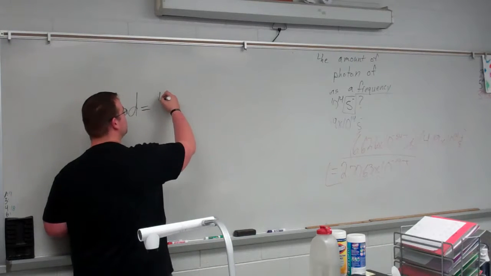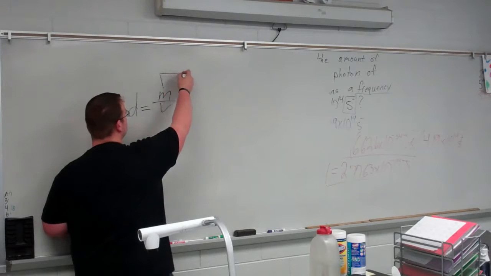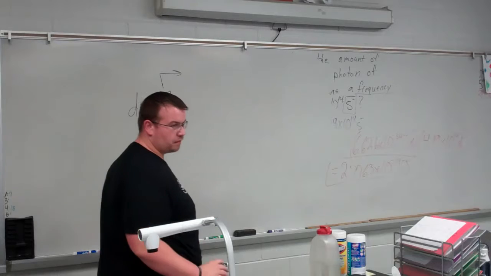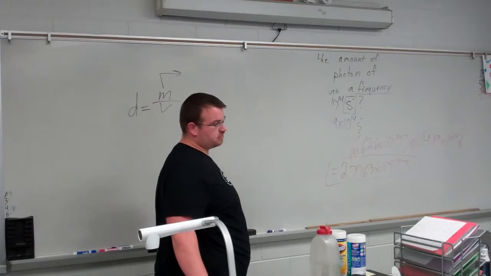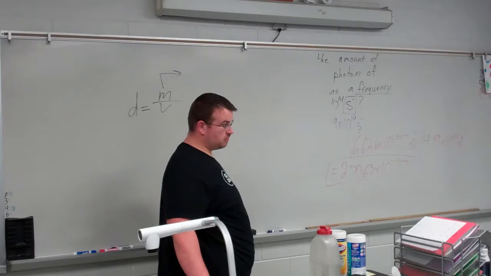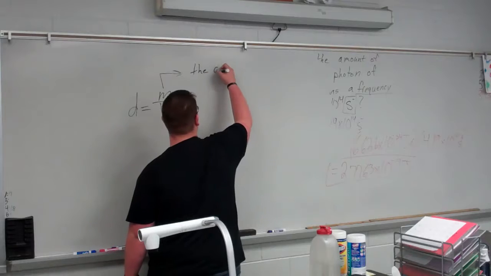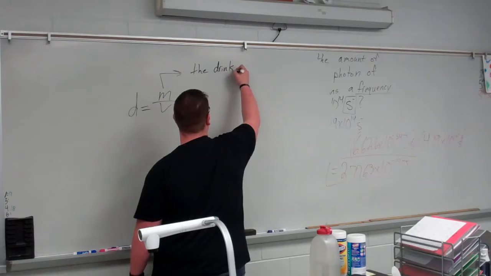And density is equal to mass divided by volume. Where's the mass coming from? The liquid. The drink.